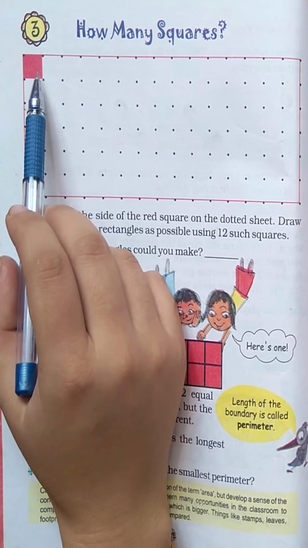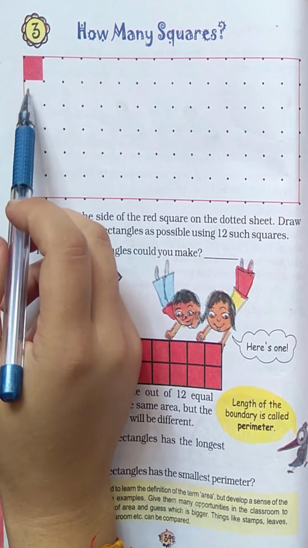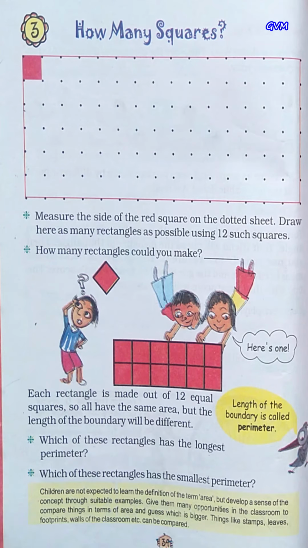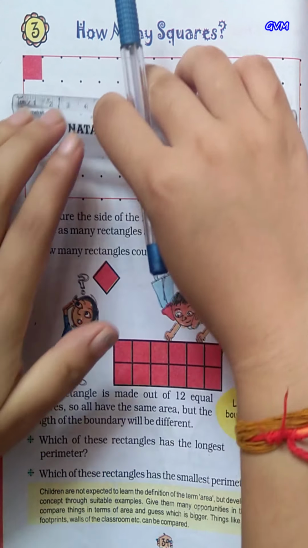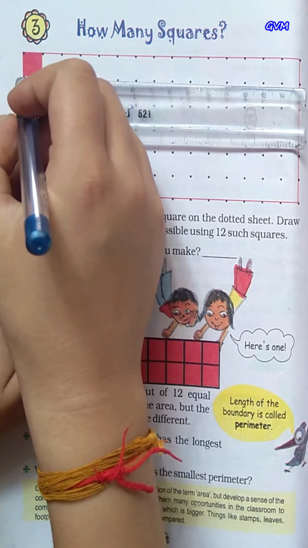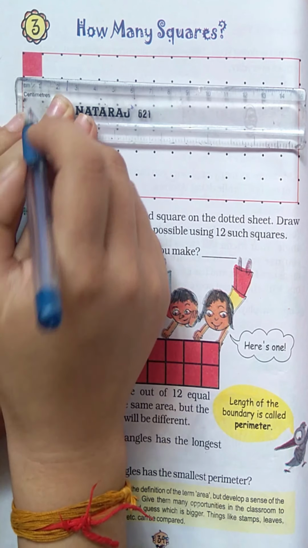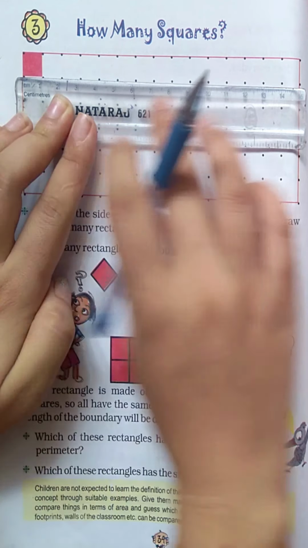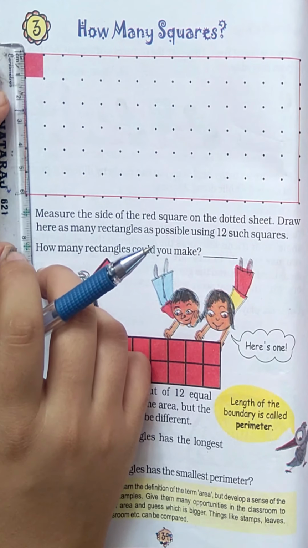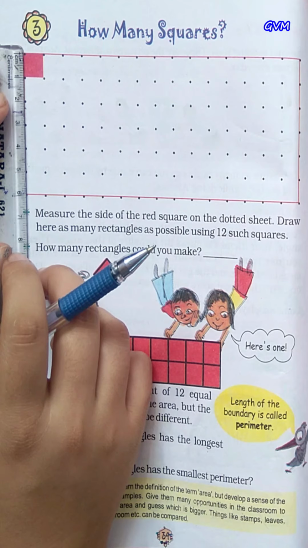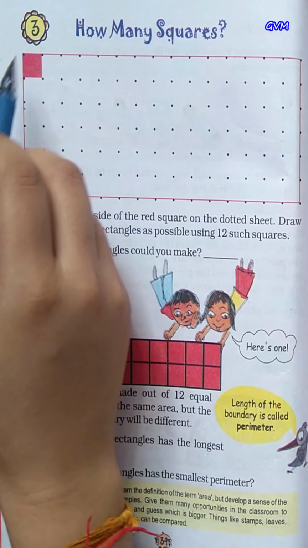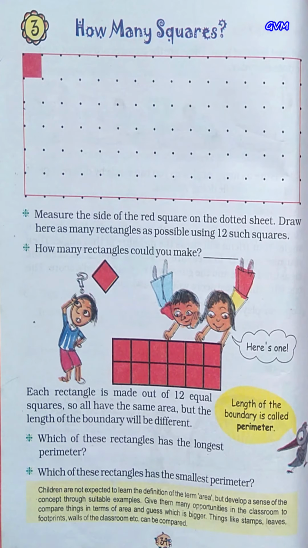So 1 square is this, and this square is of 1 centimeter. So let's measure. Put this 0 point on this dot and then 1 is at this dot. So this is 1 centimeter, and from here this is also 1 centimeter. Similarly, these 4 sides are of 1 centimeter.